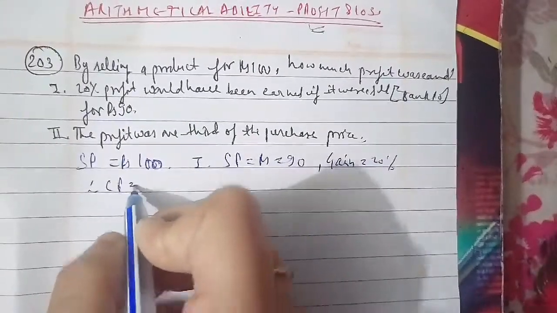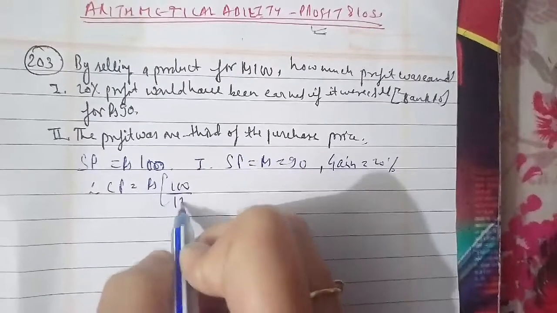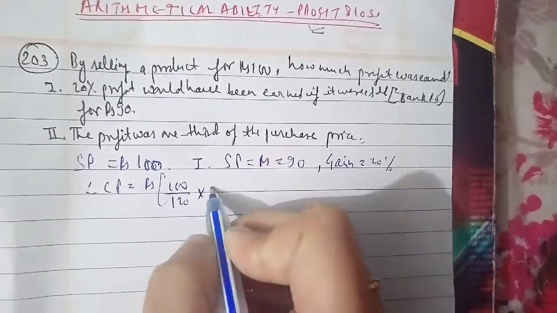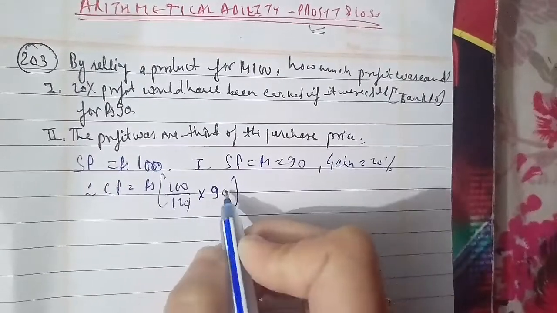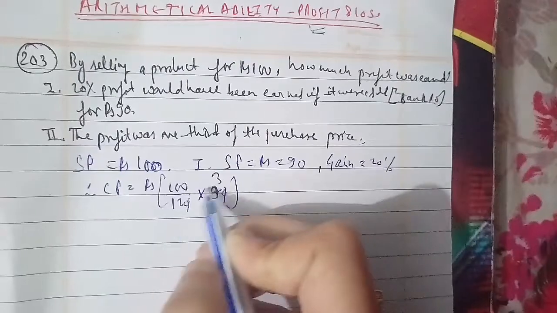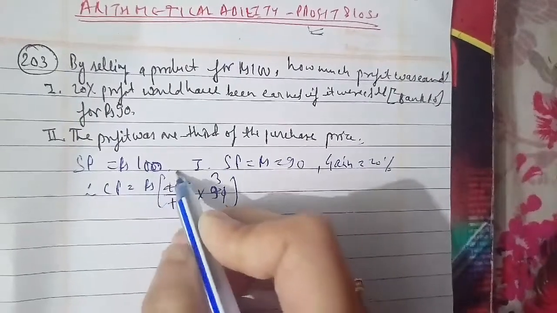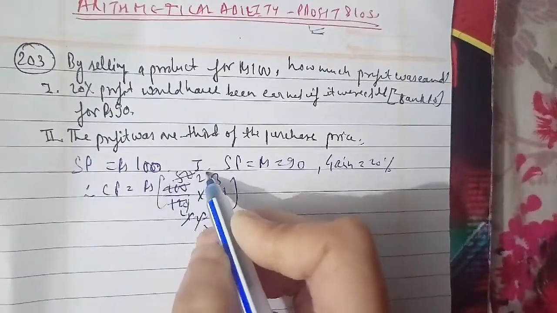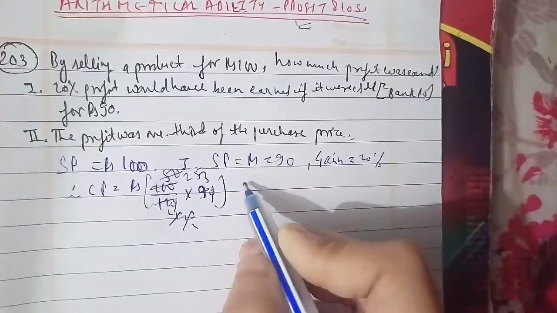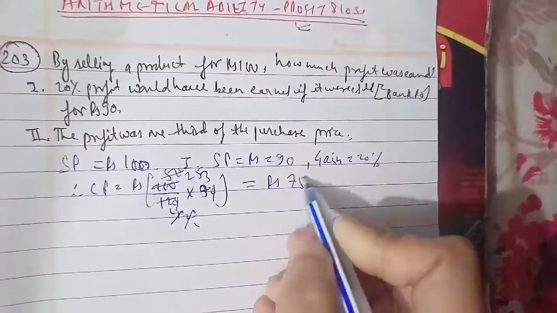Cost price is equal to rupees 100 upon 120 into 90. 0 being cancelled by 0. 3 3s are 9, 3 4s are 12, 2 2s are 4, 2 5s are 10, and 0. 2 1s are 2, 2 2s are 4, and 2 5s are 10. It will be equal to rupees 75.